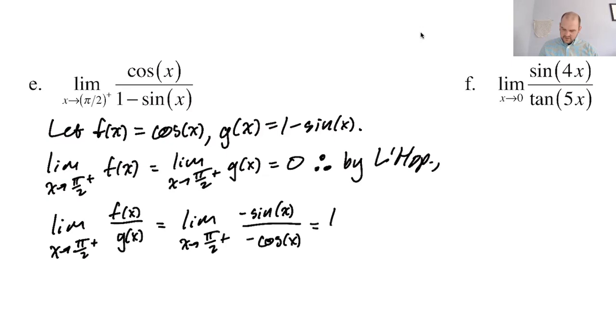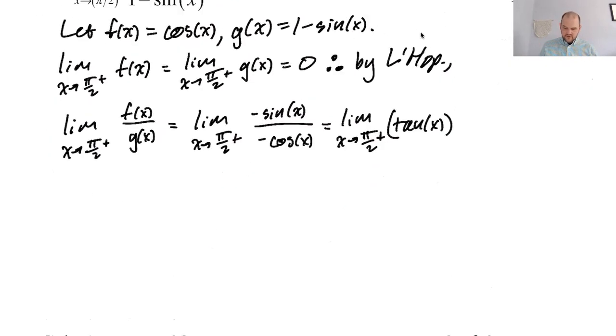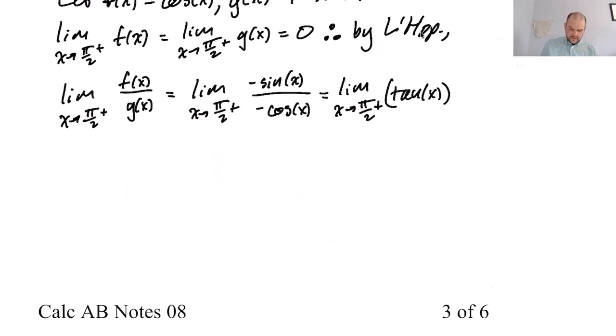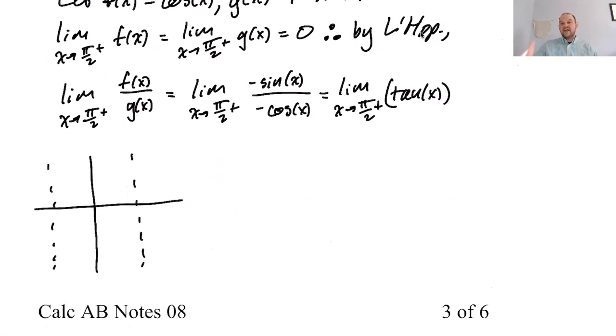So we're actually just finding the limit as x approaches pi over 2 from the right of tangent of x. And this explains why the pi over 2 from the right is there, because tangent, if you recall, if we graph tangent, it has an asymptote at pi over 2 and negative pi over 2, and every pi after that: 3 pi over 2, 5 pi over 2, pi over 2 plus pi n.